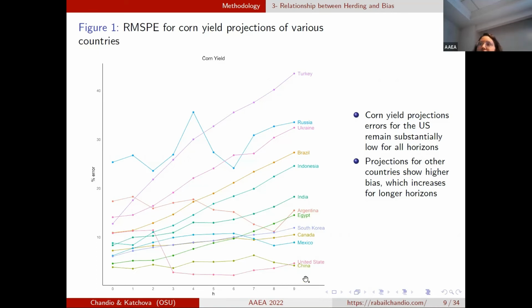That just generally goes to say that if the USDA is projecting 1 year into the future, they are more accurate than when they're projecting 10 years into the future. One thing to note here is that the US's error is significantly lower than all the other regions we're seeing here. Our data has about 35 countries. It's an unbalanced panel, but here I'm depicting the main trade partners and producers for corn.